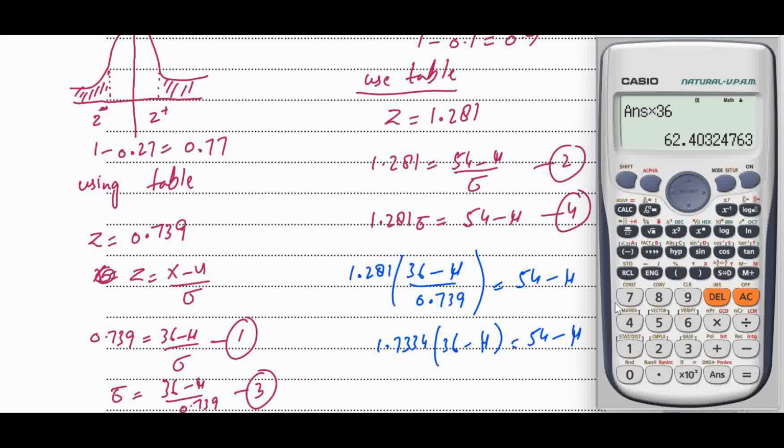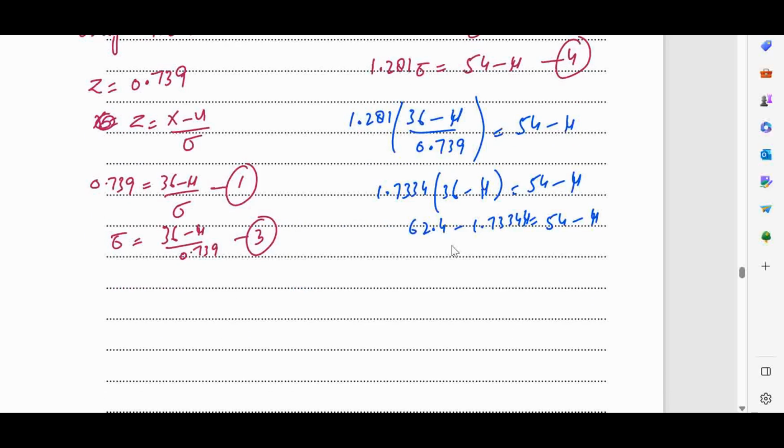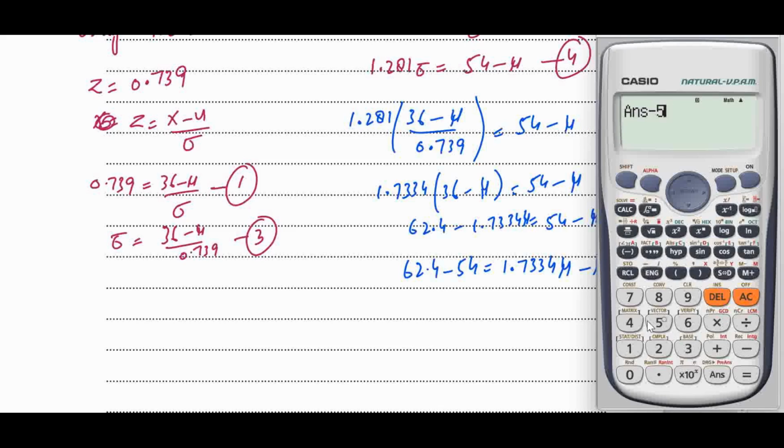Multiplied by 36, it will be 62.4. So 62.4 minus 1.7334 mu is equal to 54 minus mu. So mu is over here, so we can shift it to the other side. If we rearrange it, it will be 62.4 minus 54 is equal to 1.7334 mu minus mu. This will be equal to 8.4.